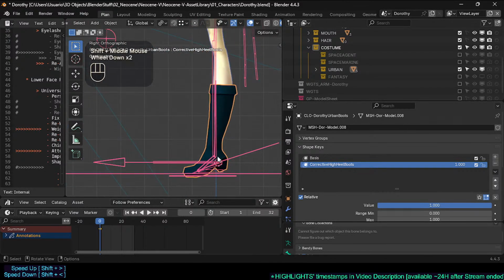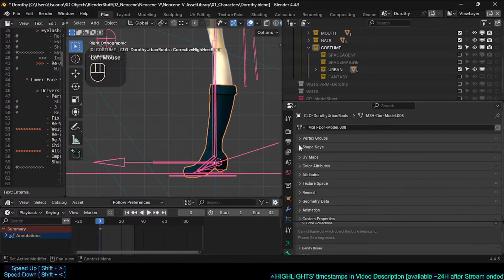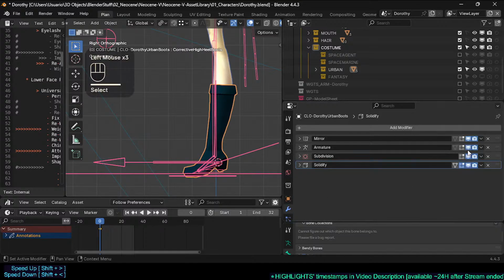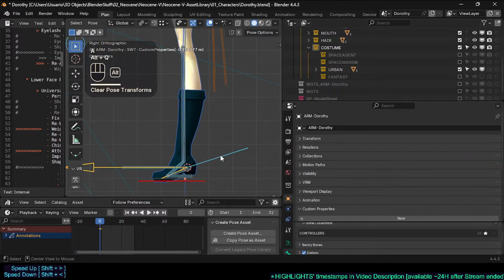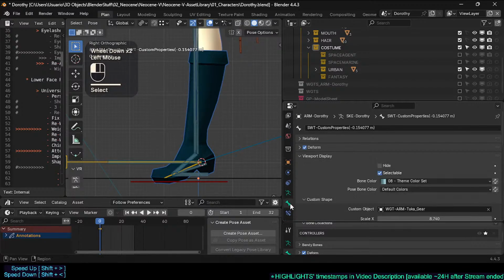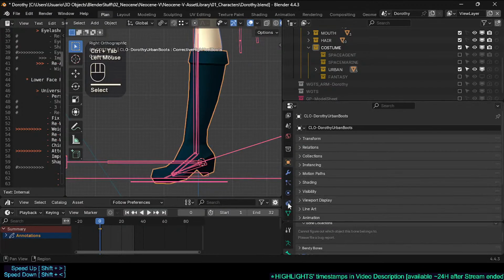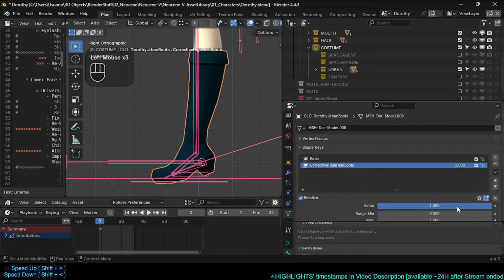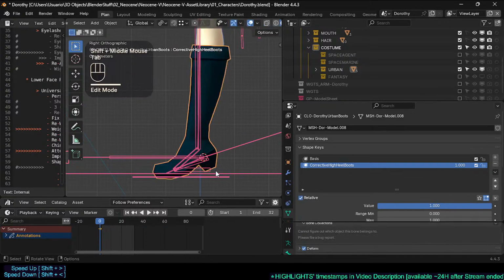So you have this, and now we're gonna... Okay, it's enabled, but something is not correct. The shape key is not seeming too effective. Oh yeah, the shape key is not doing its job for some reason.